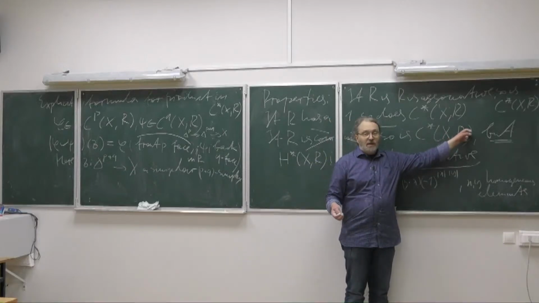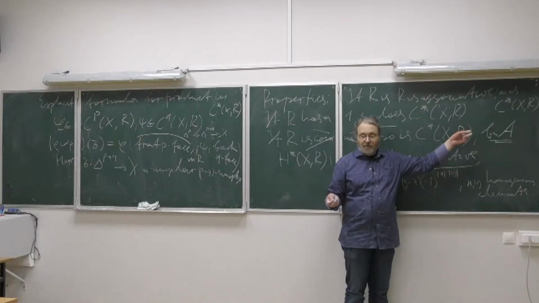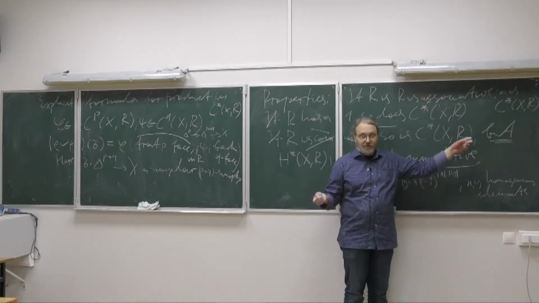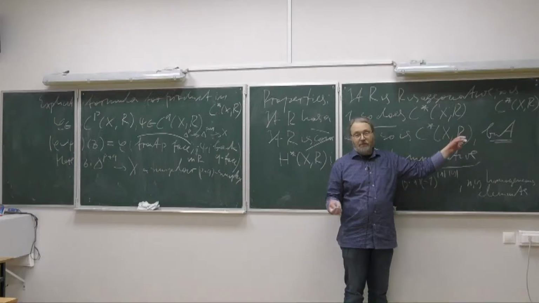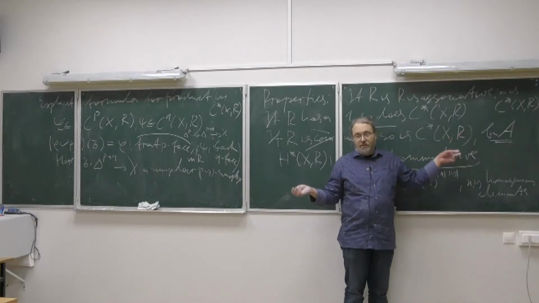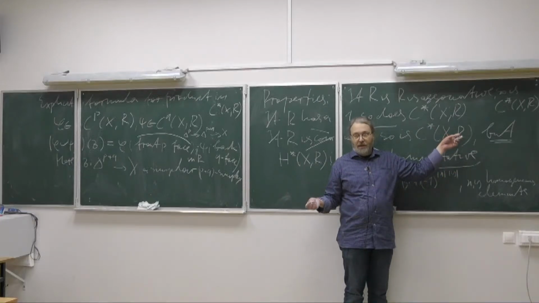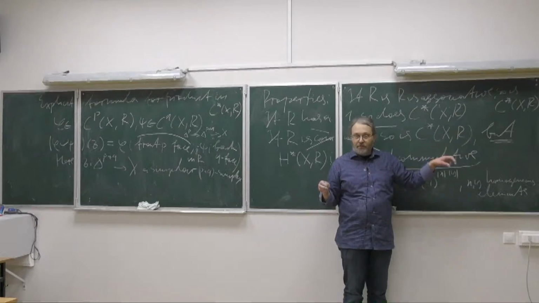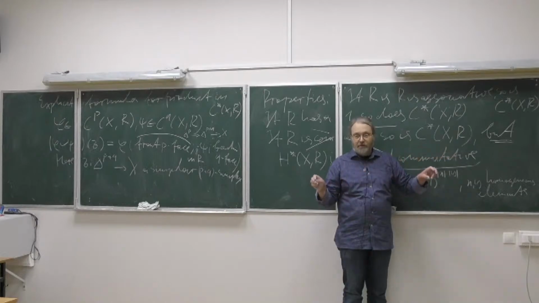Well, let's be more specific. If R is the usual R, the real numbers, and X is a smooth manifold, we can take just the usual differential forms, and those are commutative on the nose.